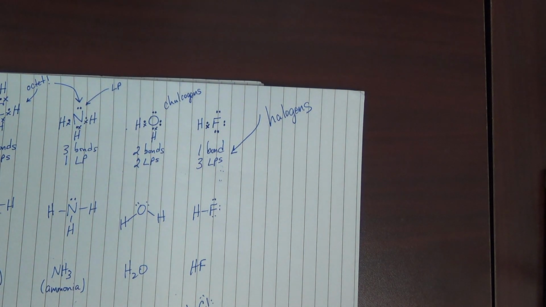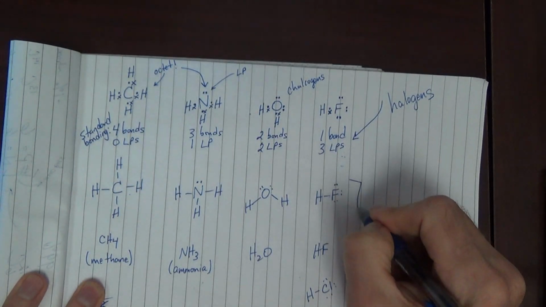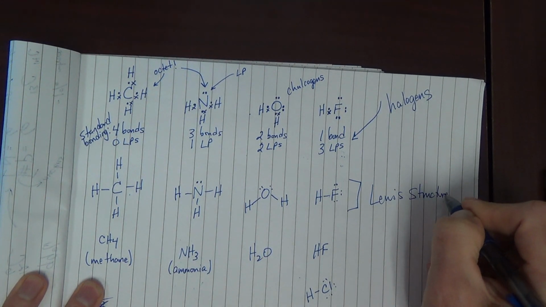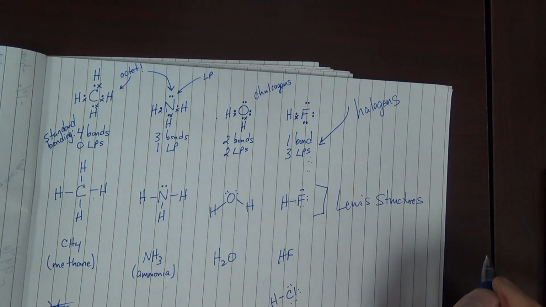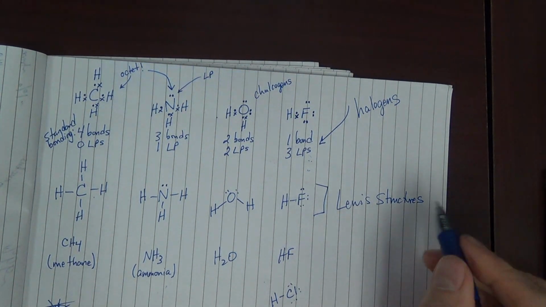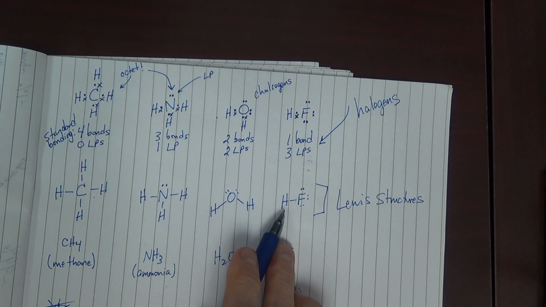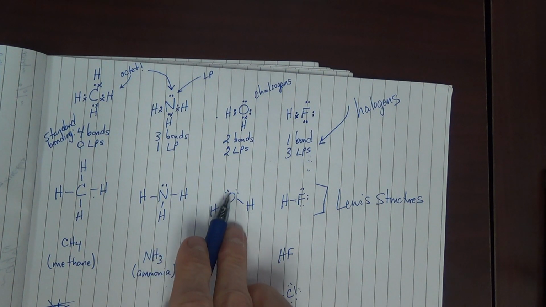Okay, common bonding, octet rule. By the way, these structures here in particular are our Lewis structures. That's where we show the bonding electrons, or the covalent bond, as dashes, and then we also show lone pairs.